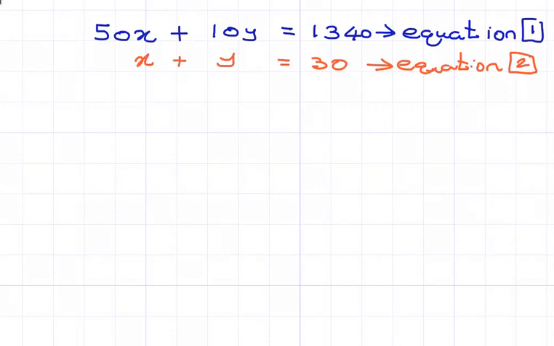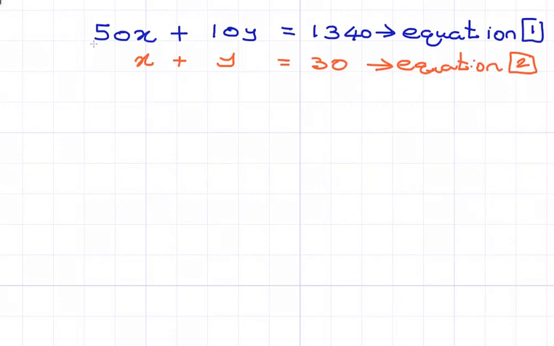Now to solve this pair of simultaneous equations, we got two methods. What are those? One method is called method of substitution, and the other method is called method of elimination.